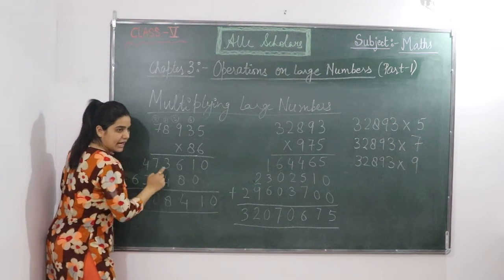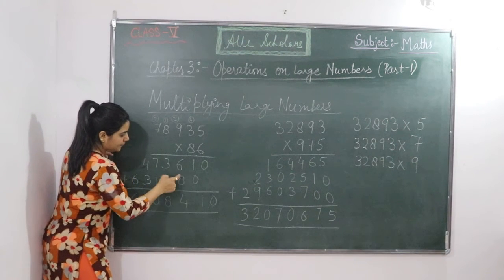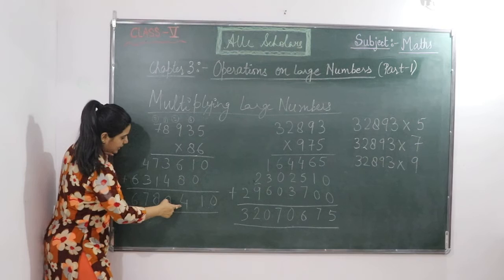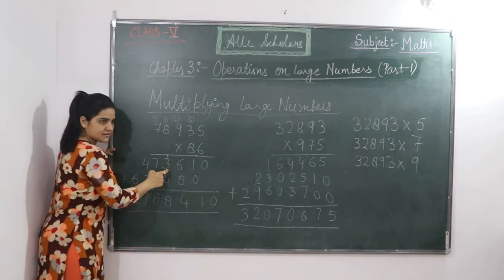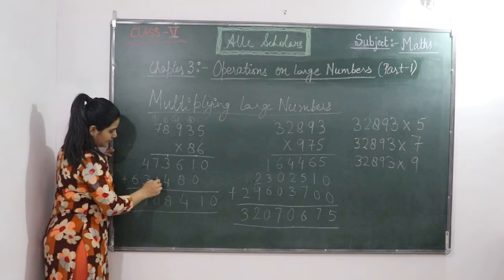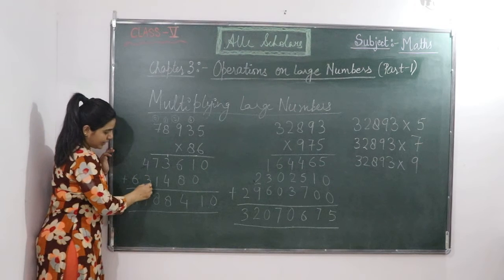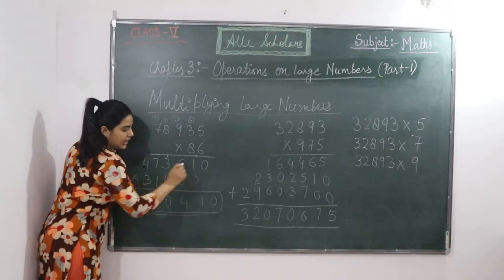Now we will add both these numbers: 0, 1 8 and 6 14, 4 and 1 carry. Here 1 carry will be there. 4 5s, 4 and 4 8. Then 7 and 1 8, 4 and 3 7 and 6. So this will be the answer.